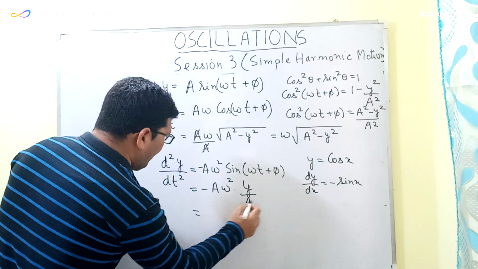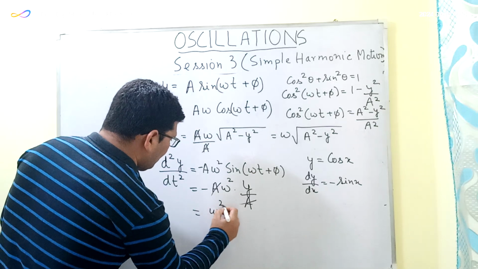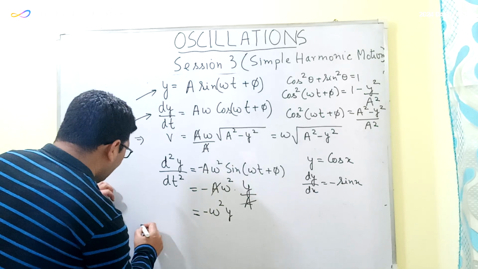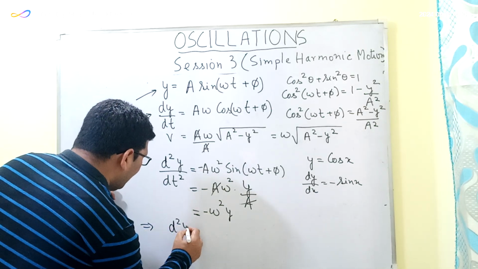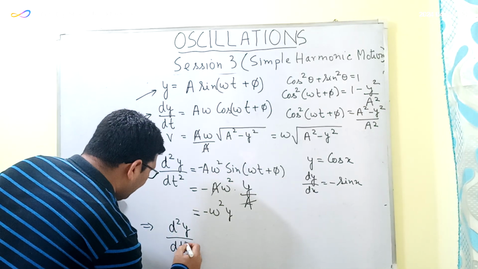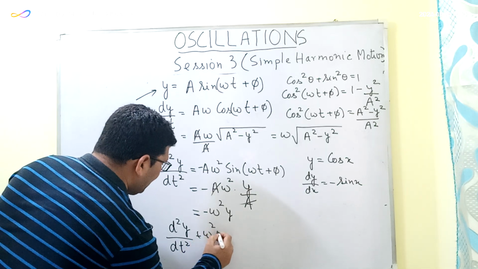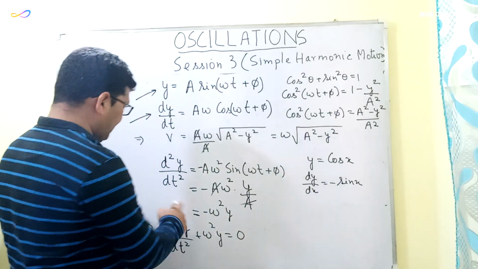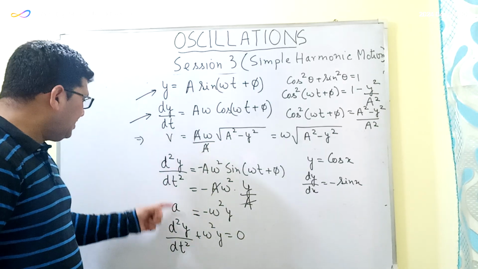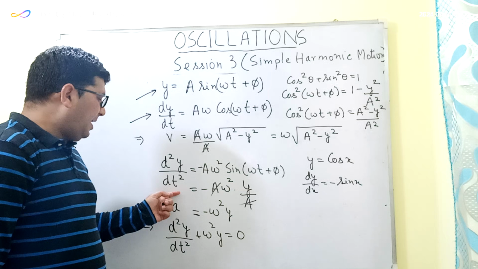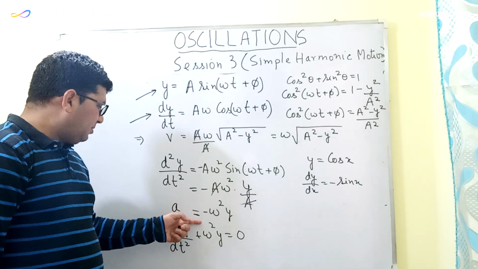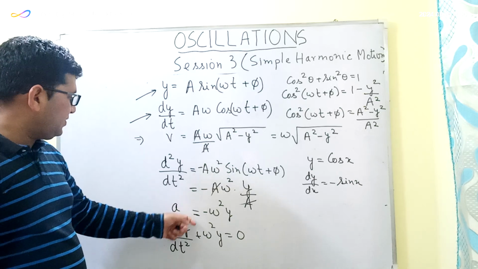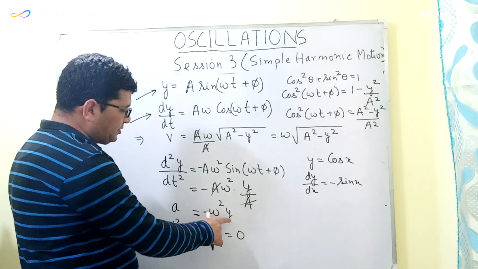So this is equal to minus omega square y, or we can say that d square y upon dt square plus omega square y is equal to 0. Now this is the acceleration of the particle at any moment of time, which is equal to minus omega square y.